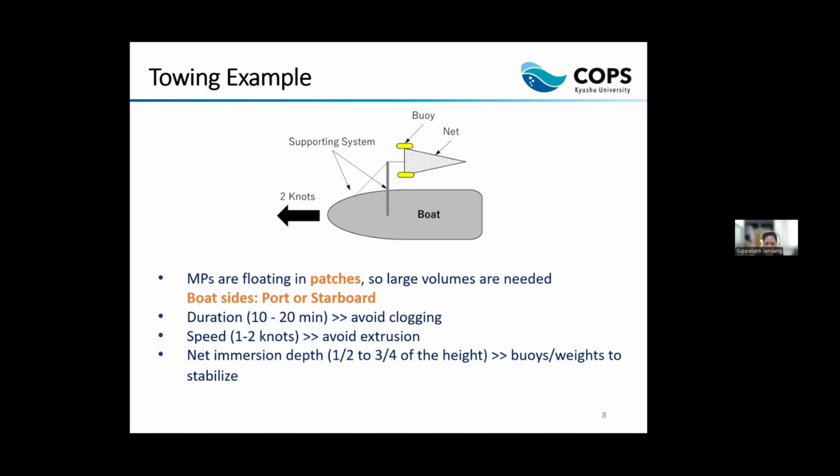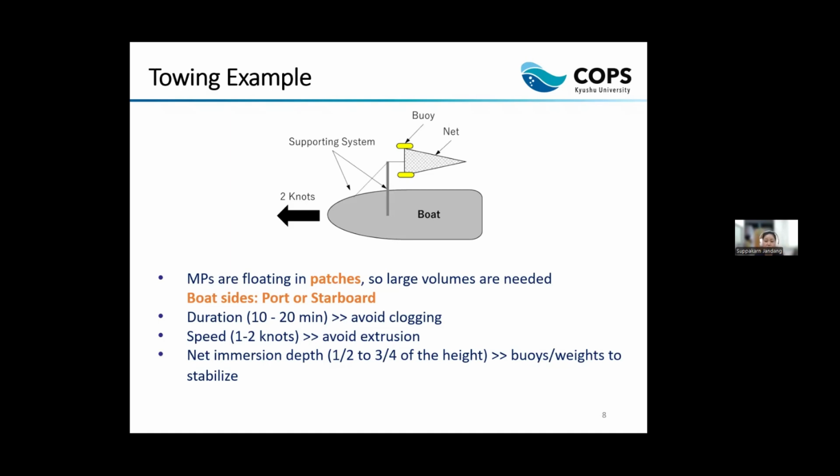So a large volume is needed because, for example, if you collect with a bucket and you just collect in the patch of the microplastic, it could affect your data. So using the net could help you to get rid of this problem.